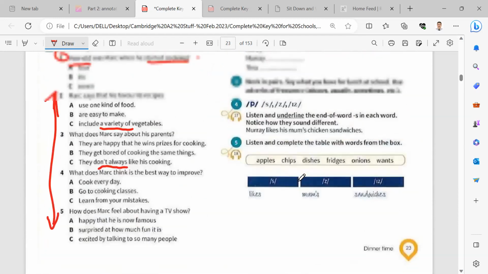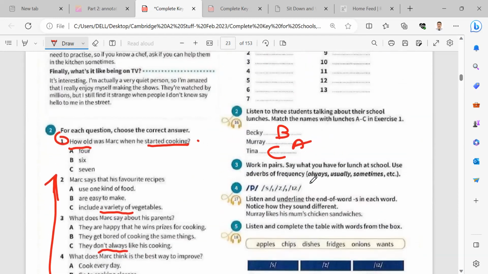Okay. So here, how to pronounce the suffix es? The suffix es. Sometimes we pronounce them as s or z or iz. Listen and underline the end of each word. Notice how they sound different. Okay, let me show you in a while.